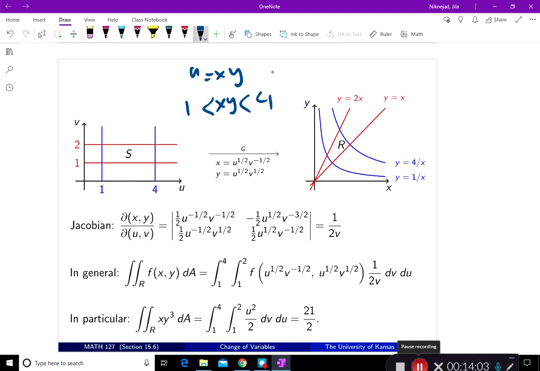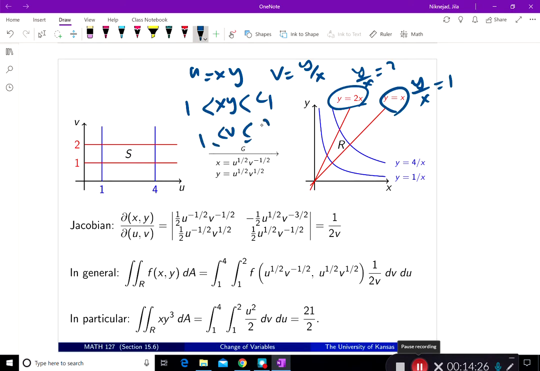We said v is equal to y over x, and in here, for example, y over x is equal to 2, this one y over x is equal to 1, so v is between 1 and 2. So that's my region, and it's rectangular. And so we figured out g as well as g inverse.